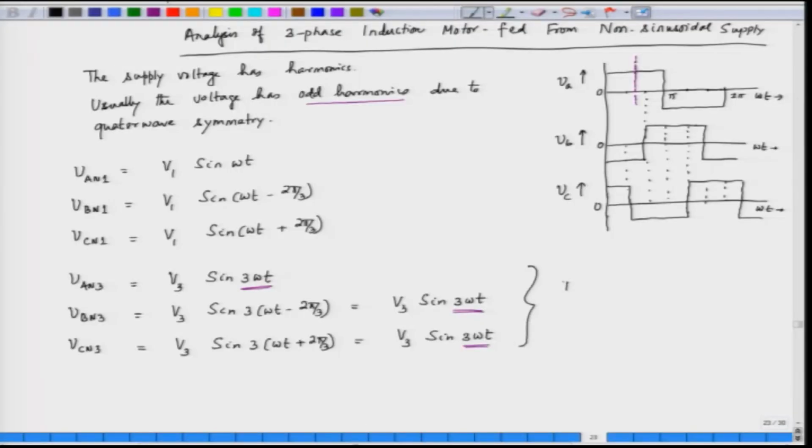So, third harmonic voltage does not produce any torque. And the fundamental is the positive sequence, which means the sequence is ABC.